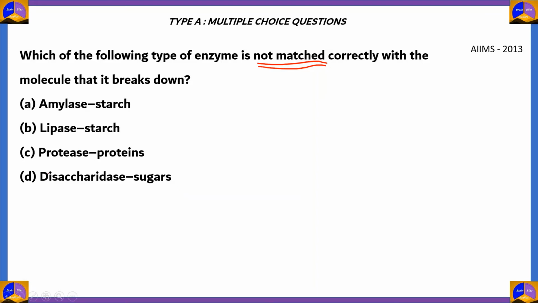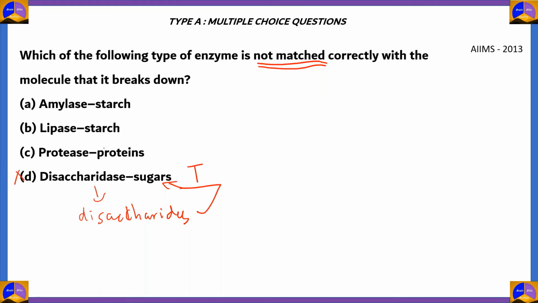Let's look at each of our options. Option D, disaccharidase. So disaccharidase is an enzyme which catalyzes disaccharides, which are sugars. So therefore option D is true, which makes it incorrect.